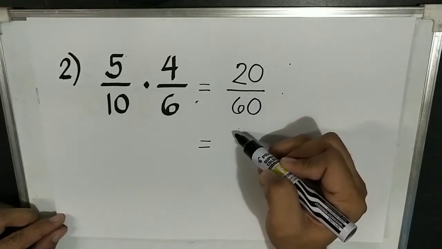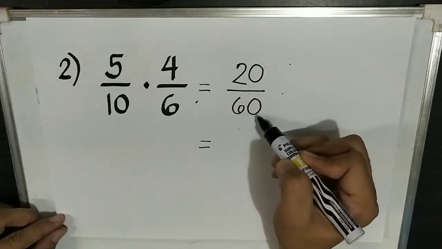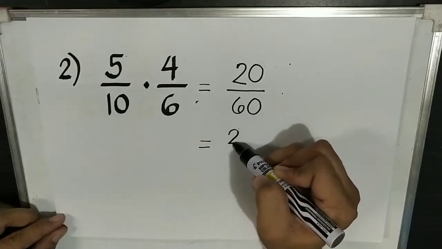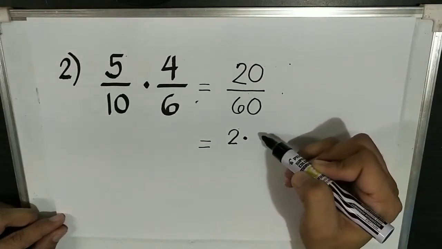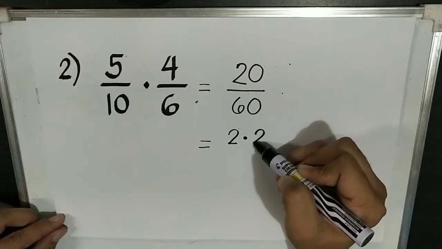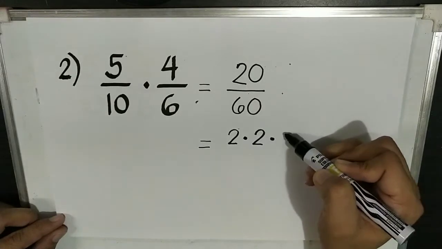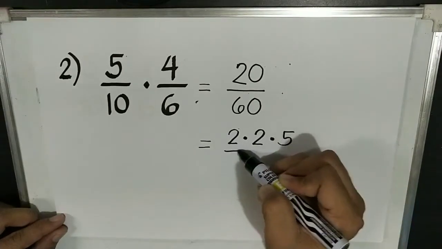Let's do prime factorization of each number. Let's start with 20. We have 2 times 2 times 5.